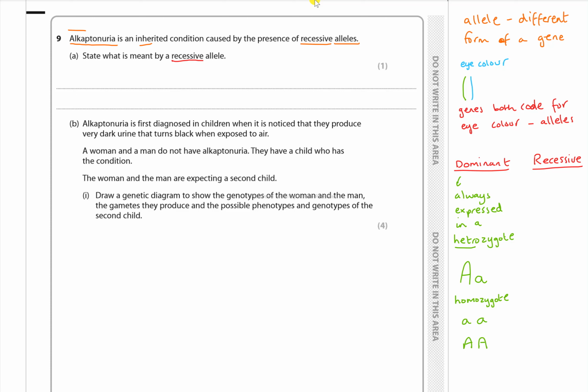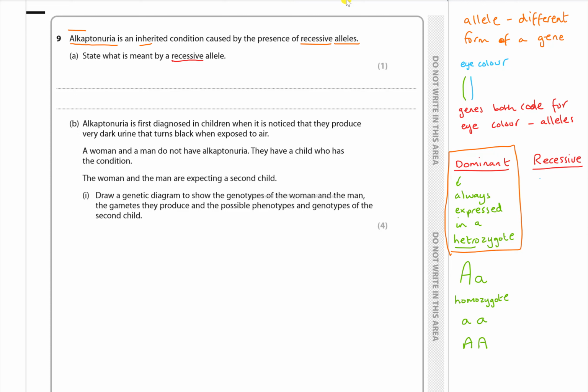Right, and with the dominant one, let me just get this right. That's your dominant. Now we need to write down the definition of recessive.